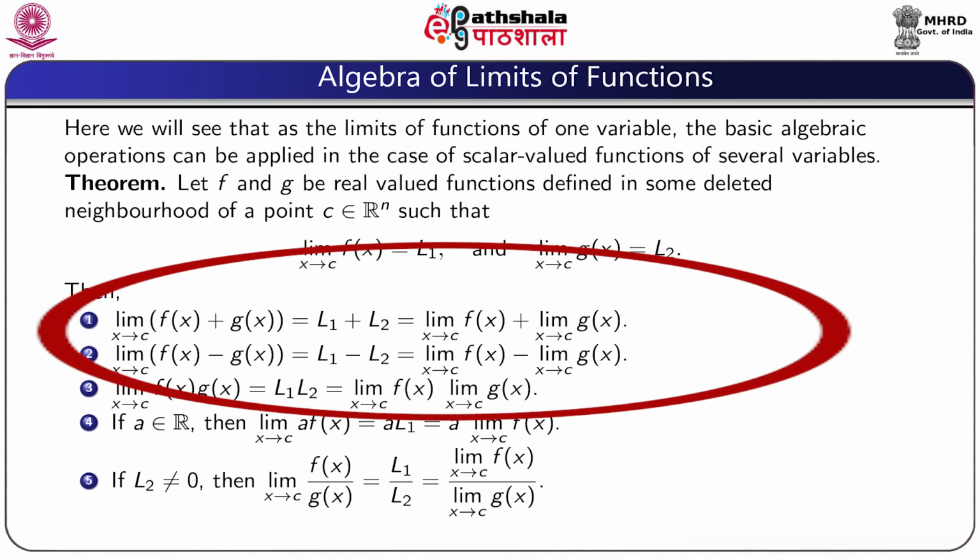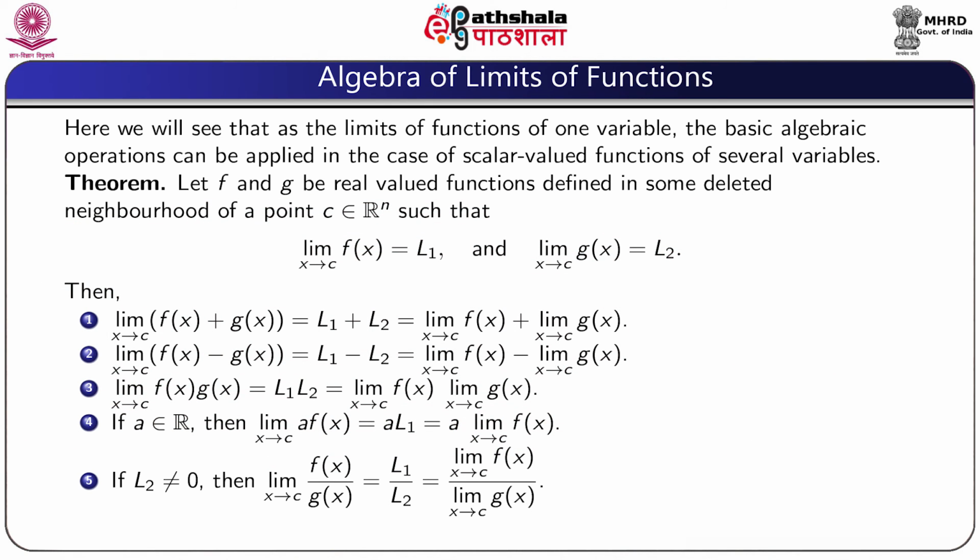We can easily check that the limit of the function f(x) plus g(x) as x approaches c equals L1 plus L2. That is, limit of sum equals sum of limits. Similarly, limit of difference equals difference of limits. Limit of product equals product of limits.